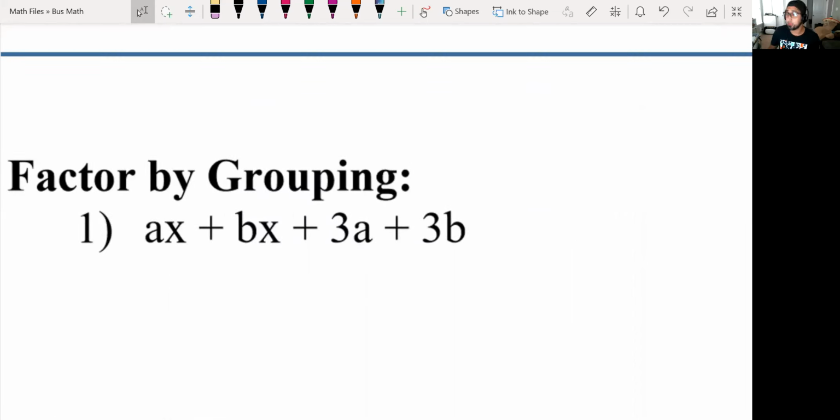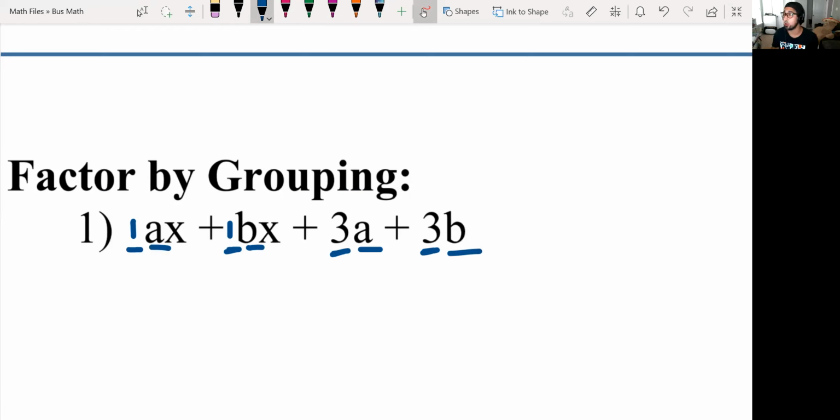Okay, so first thing, here's our 4-term polynomial. First thing you want to look for is a common factor. So remember, you always look at your numbers. That's a 1a, 1b, 3, 3. So from 1, 1, 3, 3, we can't take anything out. And then you have a, b, a, b.